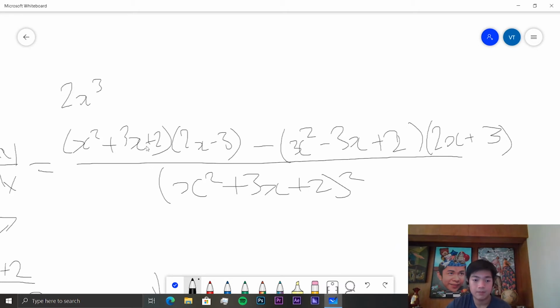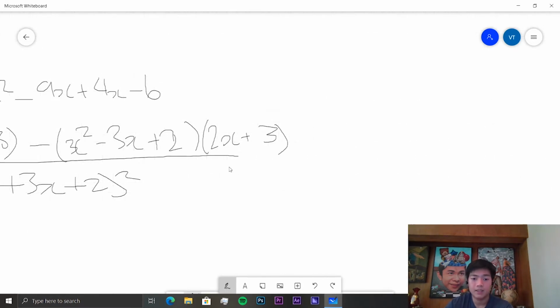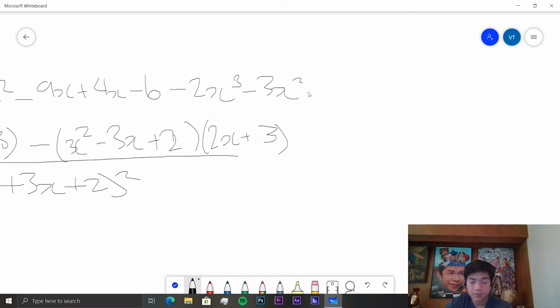Expanding this, 2x cubed minus 3x squared plus 6x squared minus 9x plus 4x minus 6, minus 2x cubed minus 3x squared plus 6x plus 9 plus 6x squared plus 9x minus 4x minus 6.